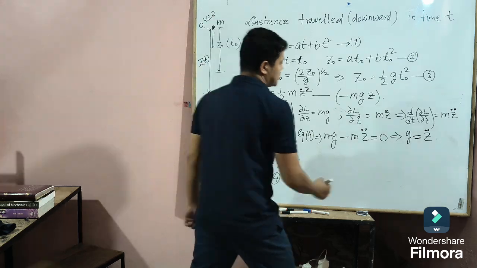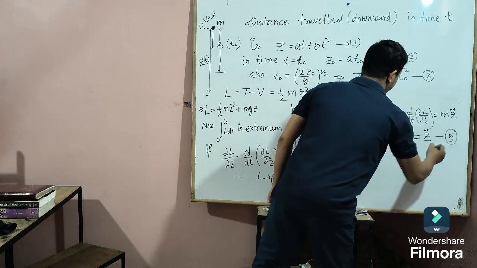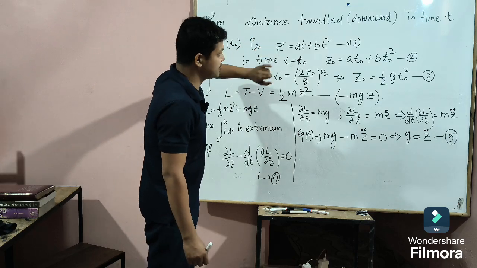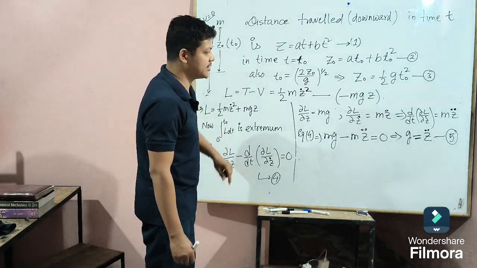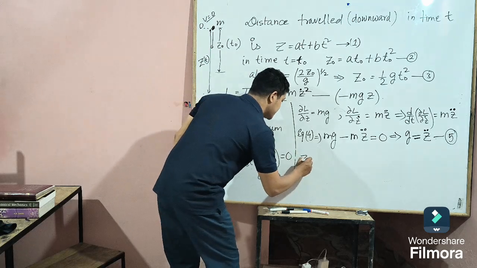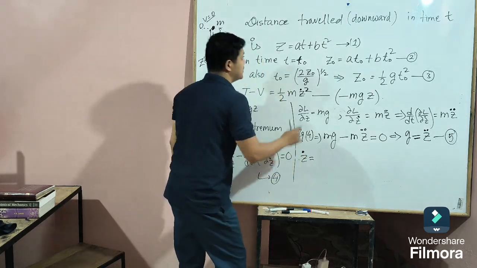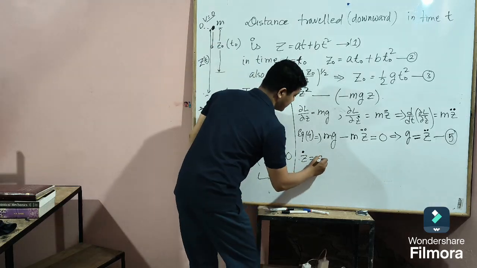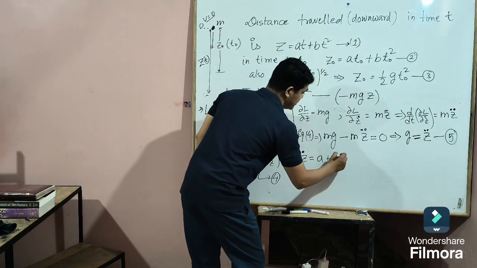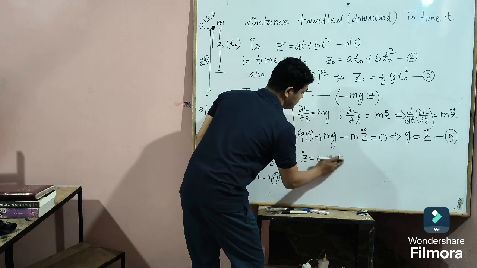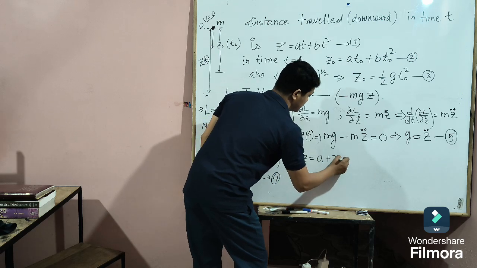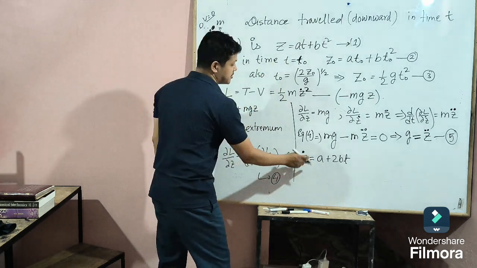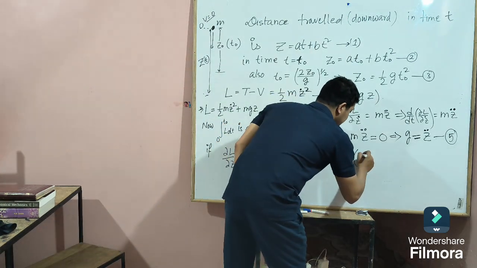Now you see, this is suppose equation number 5. Now if you differentiate equation number 1 with respect to time t twice, then what are you going to get? If you find ż from this equation, you're going to get a plus 2bt, that's what you get if you differentiate it with respect to time.